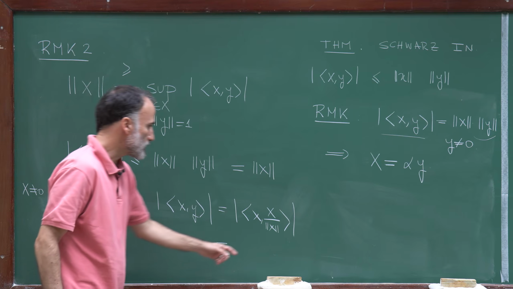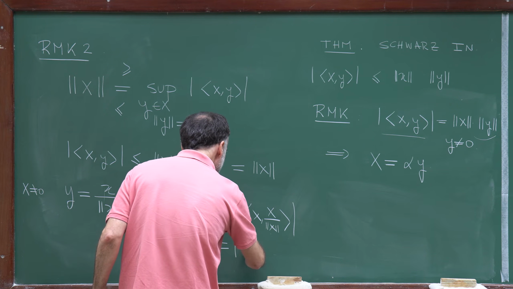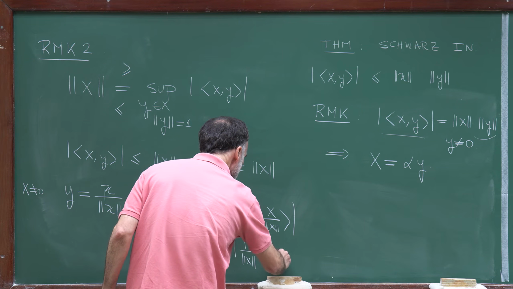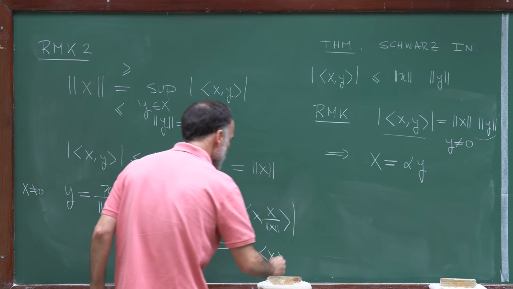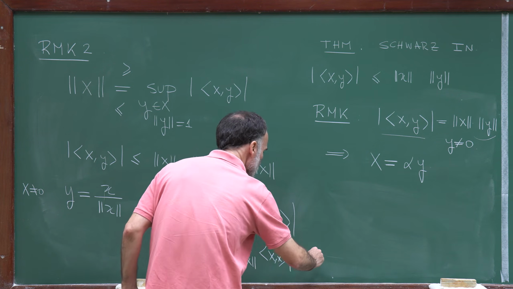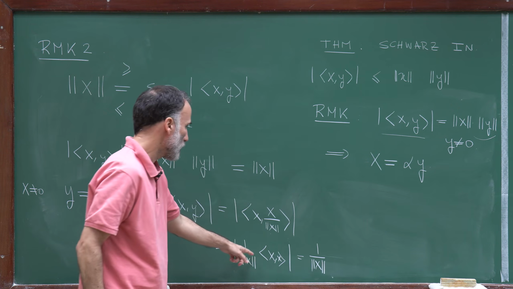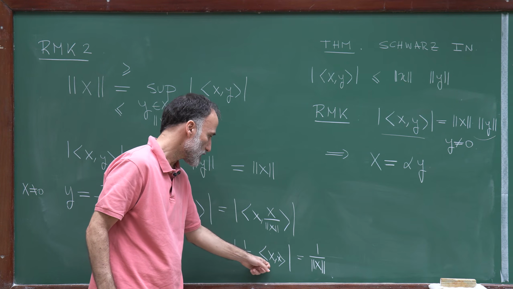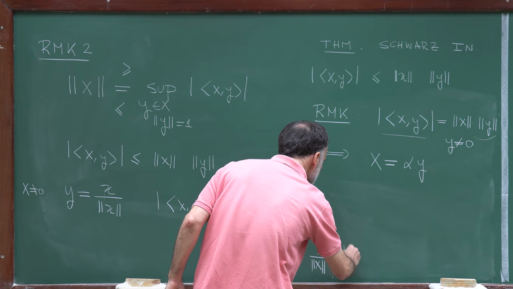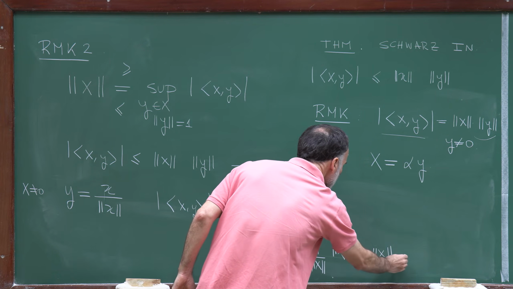By the linearity, this is a real number, so this is 1 over the norm of x times the scalar product of x with x, and the scalar product of x with x is the norm of x squared, and from that I get that this is indeed the norm of x.